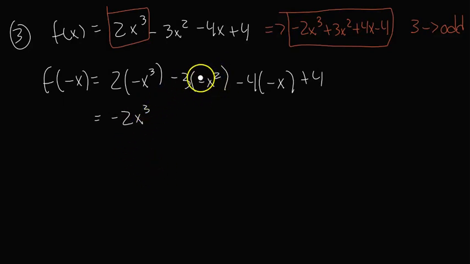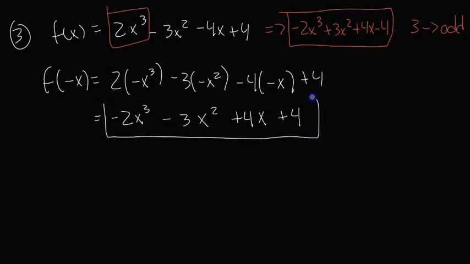Negative x squared turns into a positive x squared, so I'm left with negative 3x squared. Okay, so we end up with this negative 2x cubed. Then we have a negative 4 times a negative x, which is going to be positive 4x. And finally, we have this, which is plus 4.